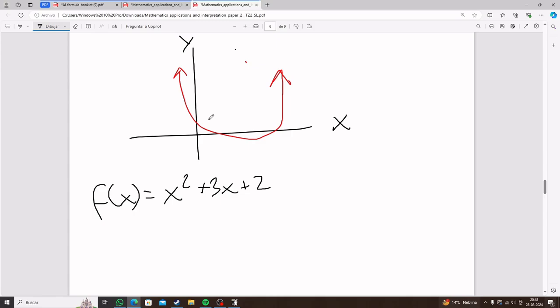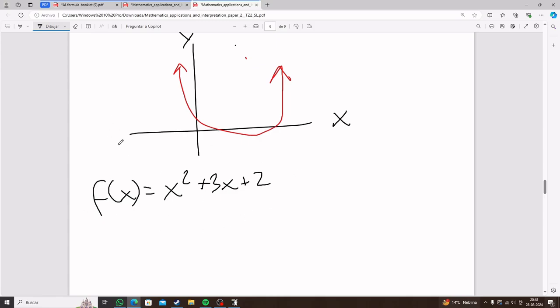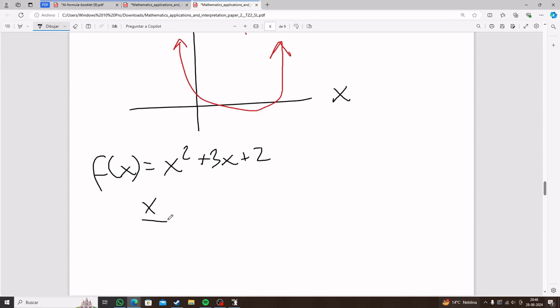Got it? If you have something that looks like this, if you were to plug in an x, you would get a y. For example, if you plug in an x of 0, you end up with a y of 2. If you plug in an x of 1, you end up with 1 plus 3 plus 2, you end up with 6, ¿cierto?